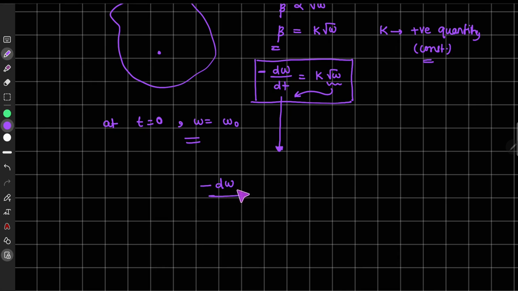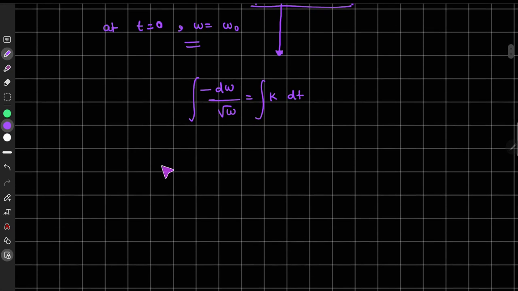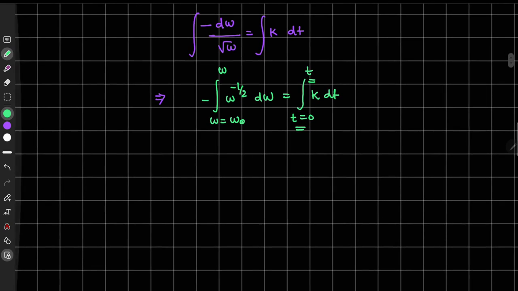So we can write minus d omega upon root of omega is equal to k dt. Let us integrate both sides: minus integral of omega to the power minus half d omega is equal to k integral of dt, from t equals 0 to t. At t equals 0, omega is omega naught, and at time t, omega is omega.